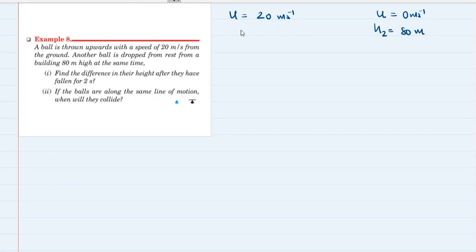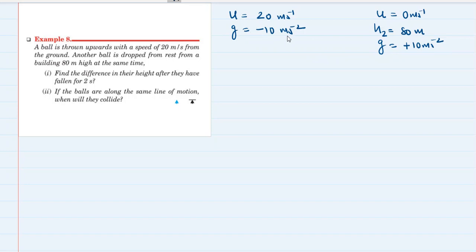Here acceleration due to gravity, they've not given it, so I'll take it as 10 meter per second square, plus 10 because it's falling down, and for the first ball the acceleration due to gravity will be minus 10 meter per second square.